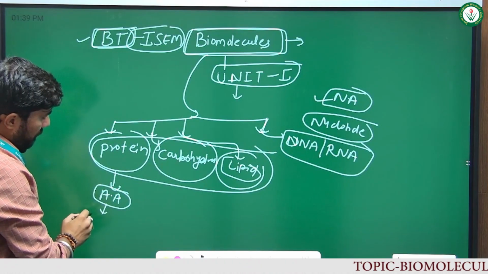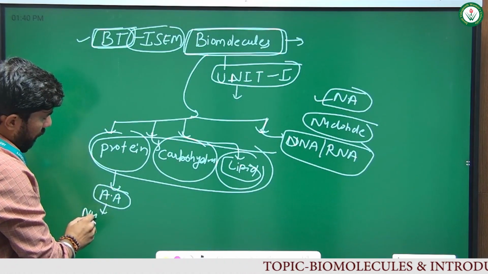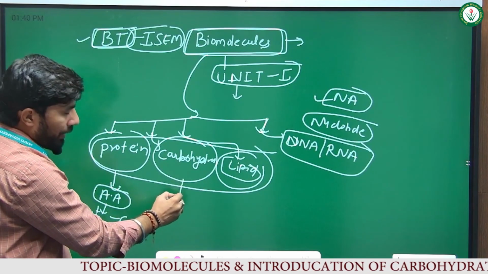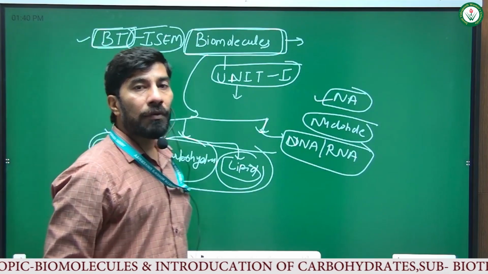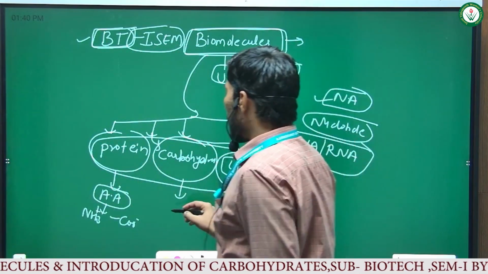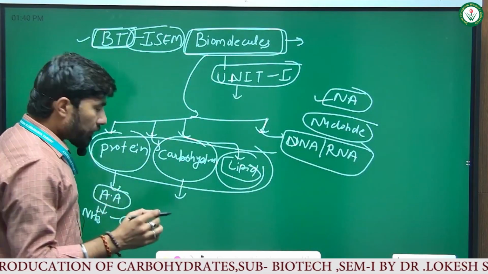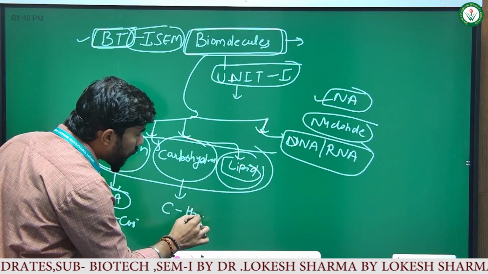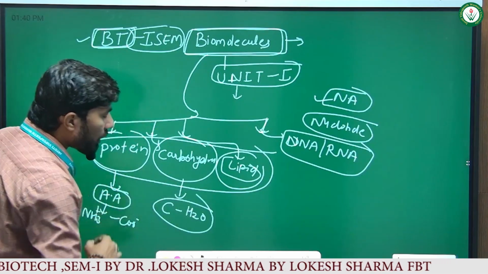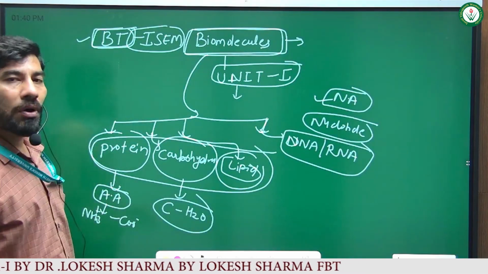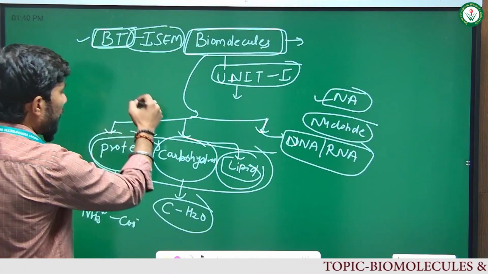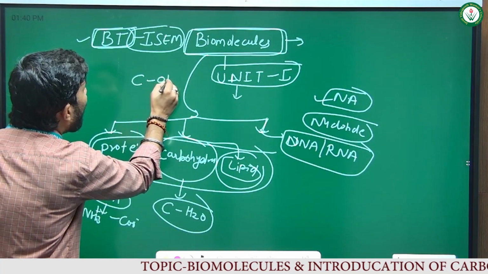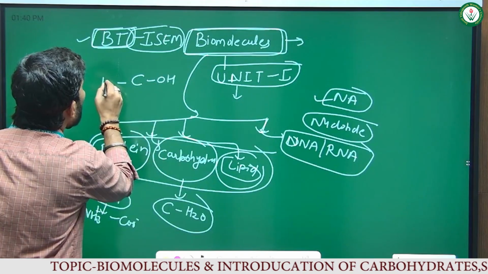Amino acid means amino and carboxylic groups. Then carbohydrate is made up of hydrates of carbon. It means the carbon unit joined with H2O. When H2O is combined with a carbon unit, it is known as carbohydrate, and carbohydrate generally has hydroxyl groups and hydrogen atoms.